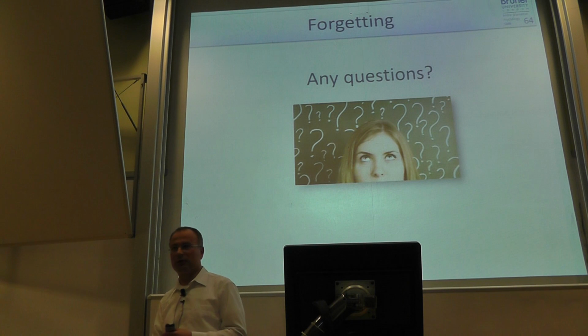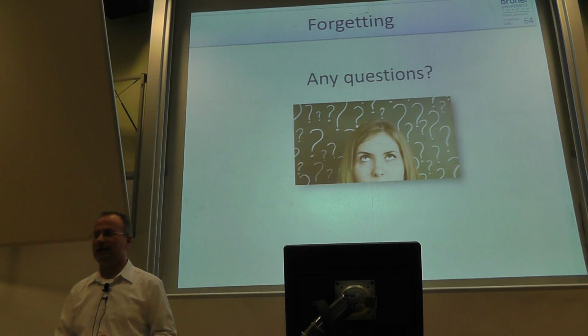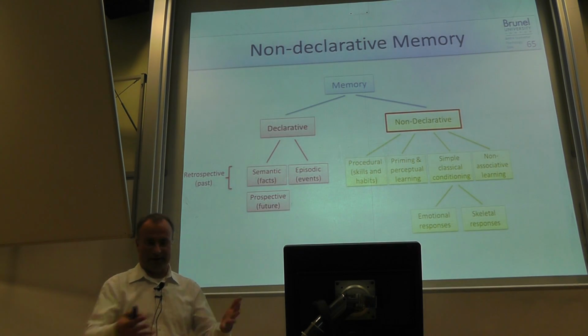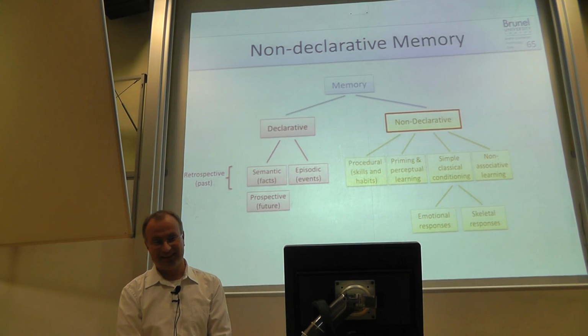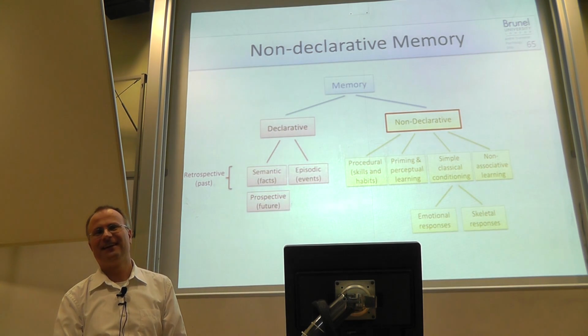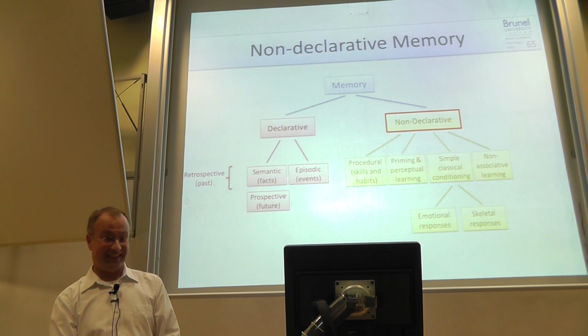Any questions on forgetting? Yes. A friend of mine who shared the house couldn't remember the surname of a housemate until we went back to our original university 30 years later, and it suddenly came back.